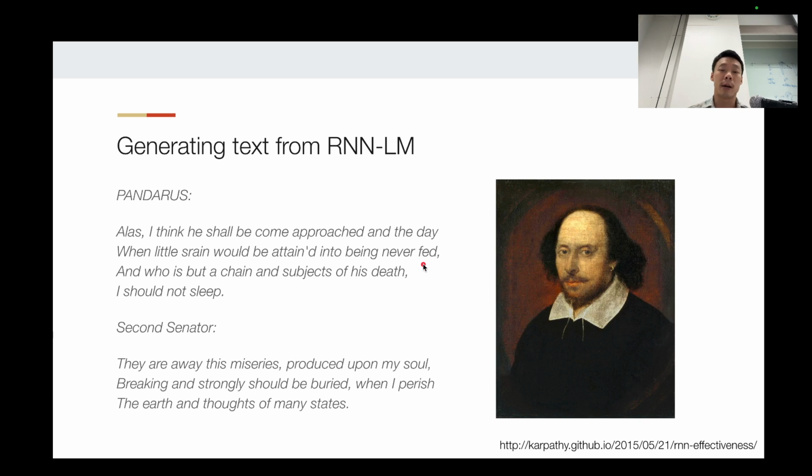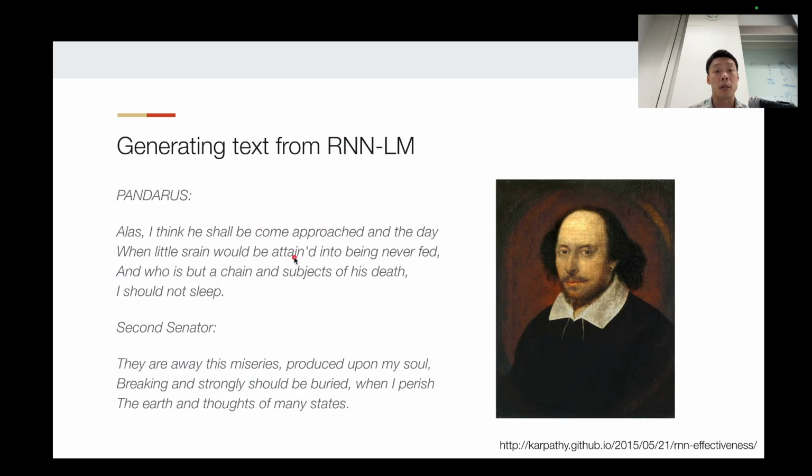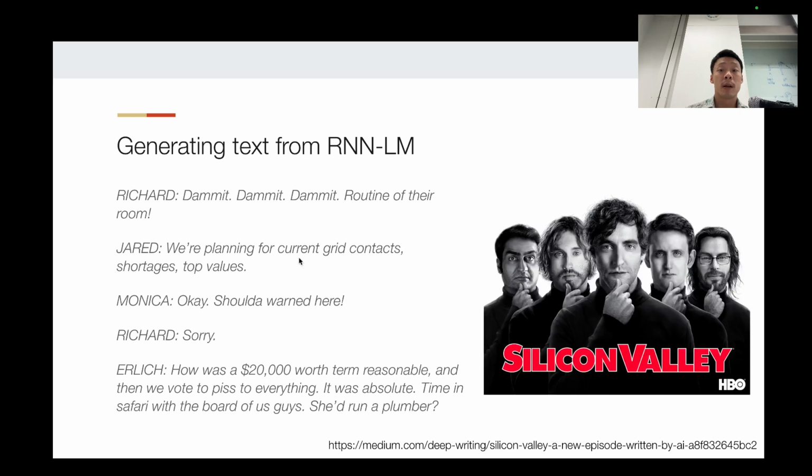And if you train it on Shakespeare, so you get a play back. Shakespeare is a really famous playwright, and you can see that the text generated from it looks very different from when you train it with Harry Potter. So it will mimic the training set quite well.